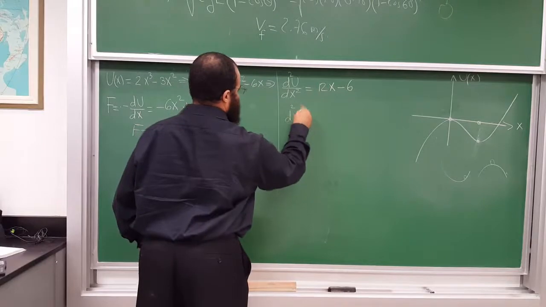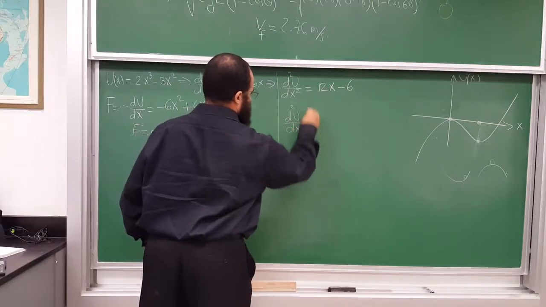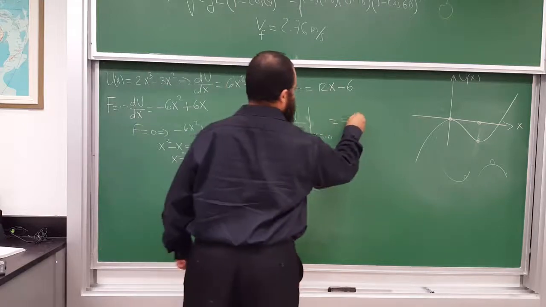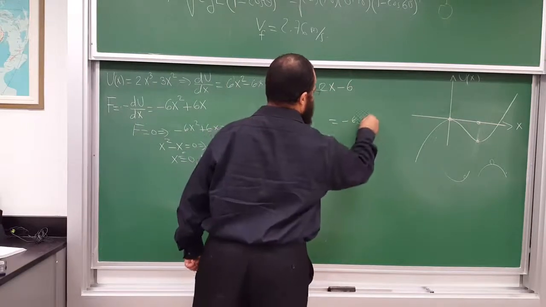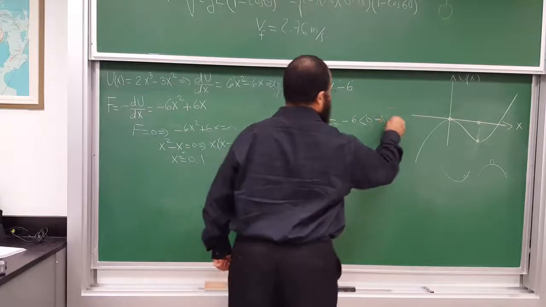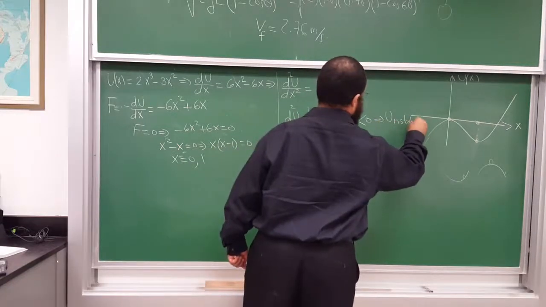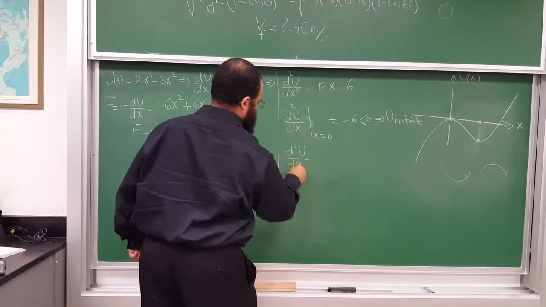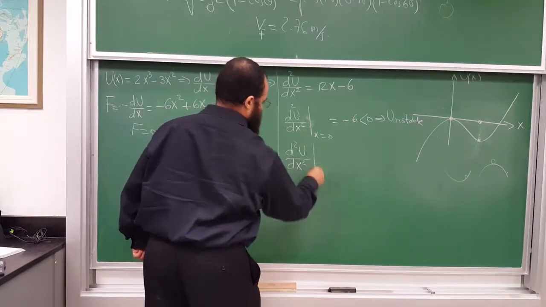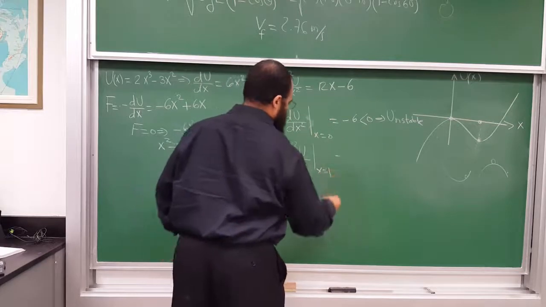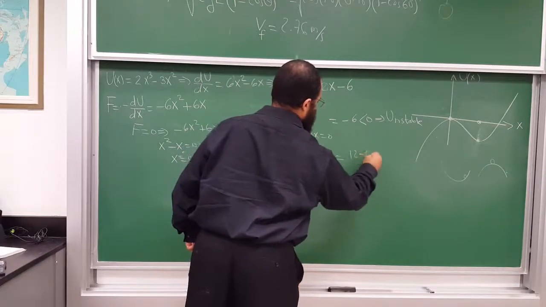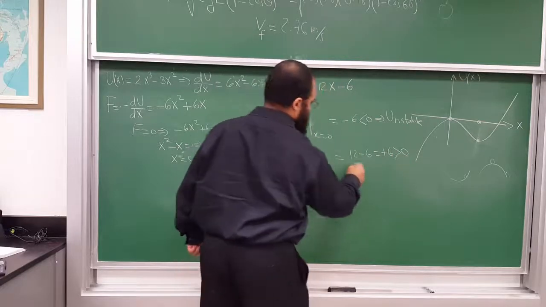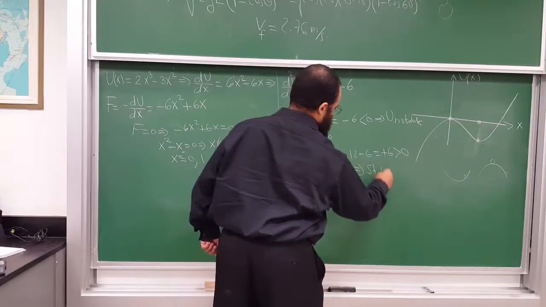The second derivative of U with respect to x when x is equal to 0 gives negative 6, which is less than 0, so unstable. At x equal to 1, it gives 12 minus 6, which is positive 6, greater than 0, so that is stable.